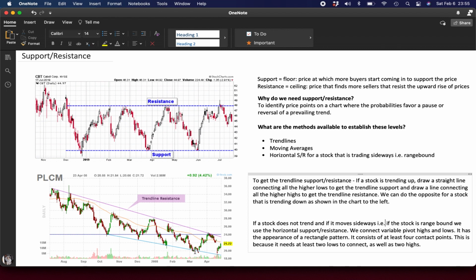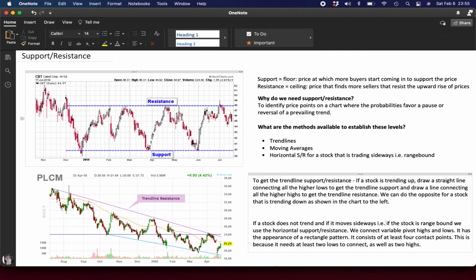Now, if a stock does not trend and moves sideways, as you can see here, then that is called a range bound stock. In this case, you would use horizontal support and resistance. We can connect various pivot highs and lows, and it has the appearance of a rectangle pattern.